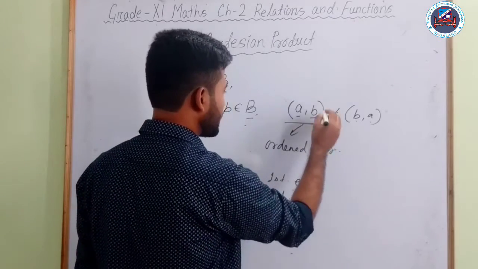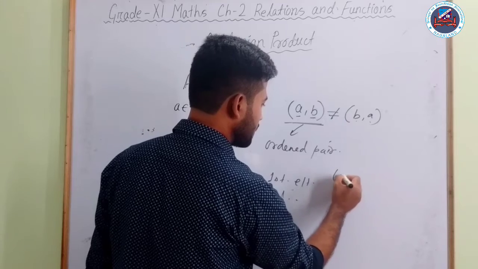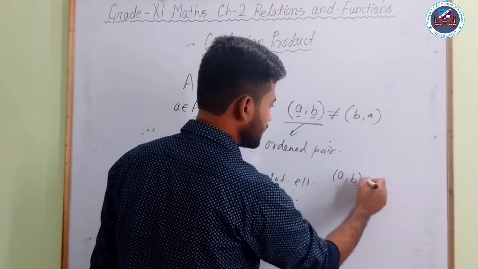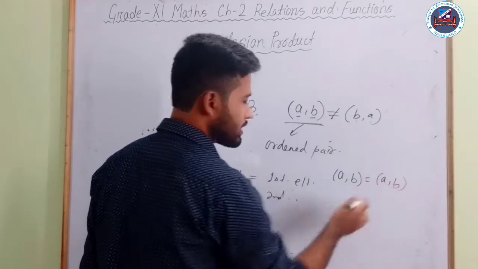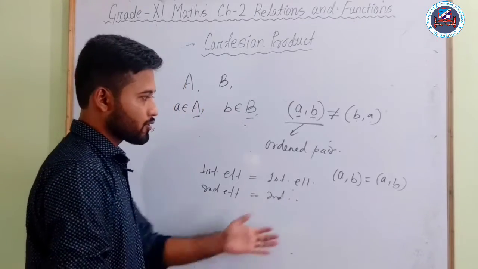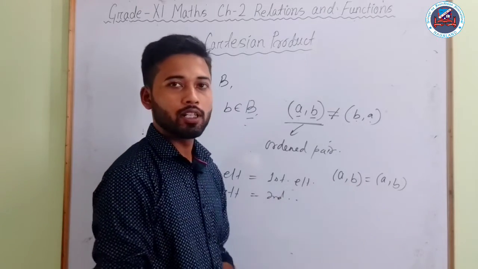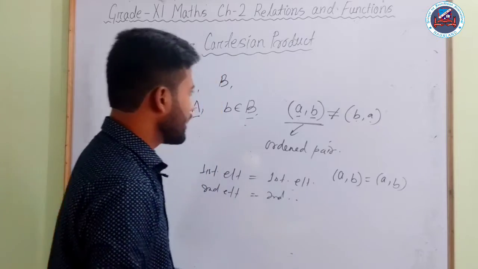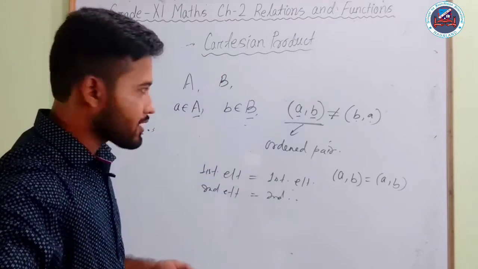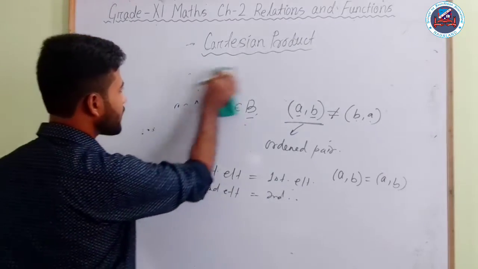That means we can only say that two pairs are equal if a equals a and b equals b. Only in such a case can we say that these two are equal. We shall discuss a few problems on the equality of pairs, and next, using this concept, we shall study what is Cartesian product.